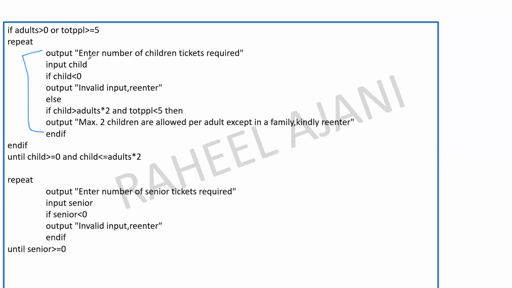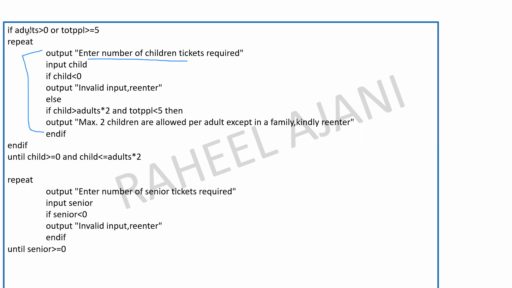You will not get that option of entering number of children, because number of adults are 0. Because the program says that for every child there needs to be an adult, and at the most an adult can be accompanied with 2 kids. So if there are no adults, no children are allowed.